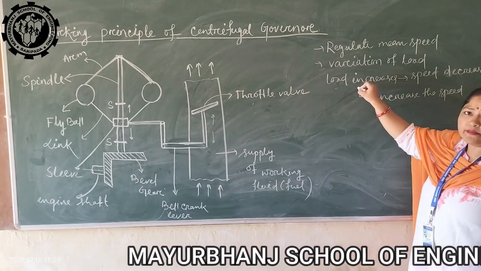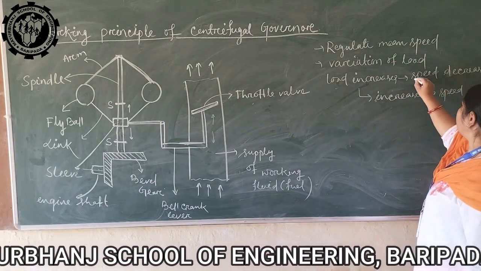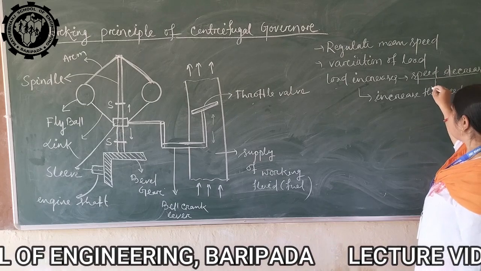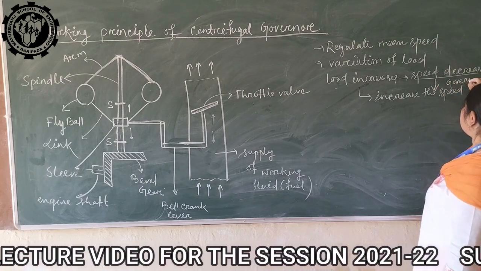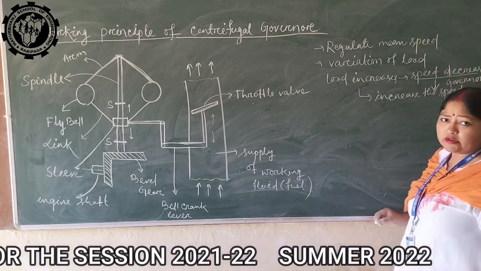Therefore, to maintain the mean speed, the speed which has decreased must be increased by the governor.